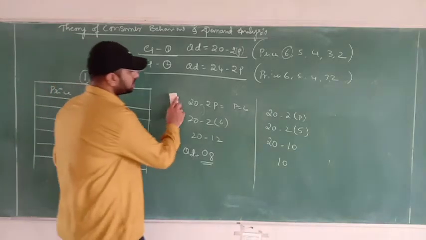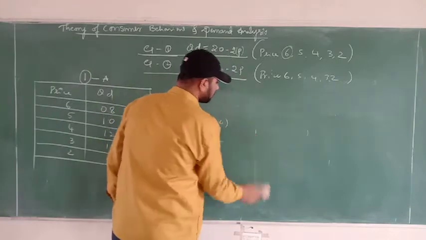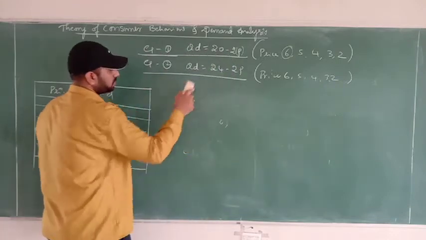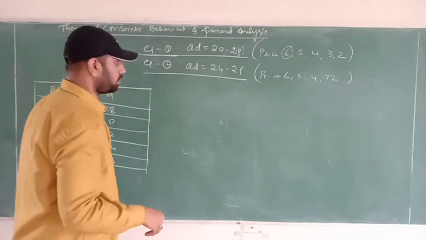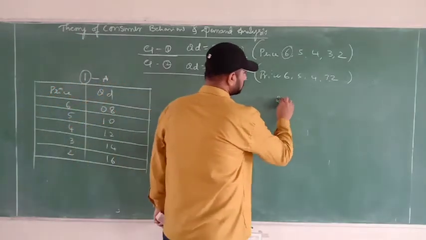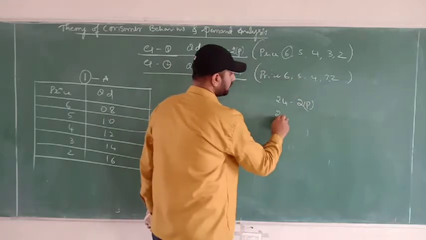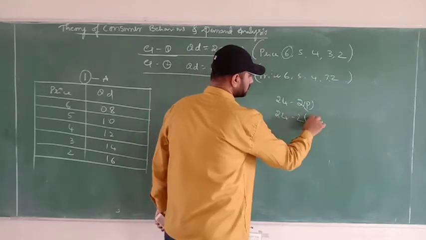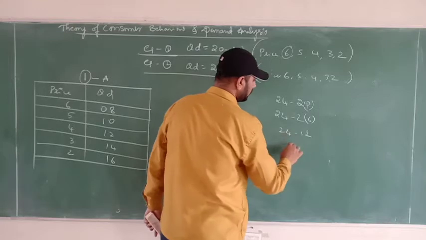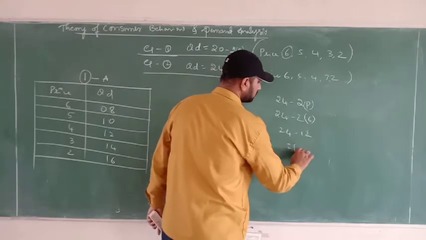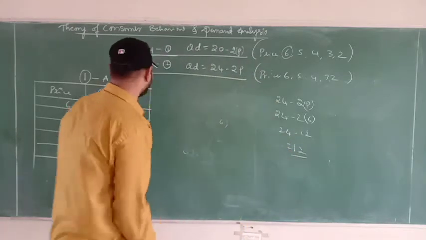Likewise, if you take the second equation, QD equals 24 minus 2P. So if you take 6, then 24 minus 2 of 6, that is 24 minus 12, then the QD will be 12. Then it decreases.